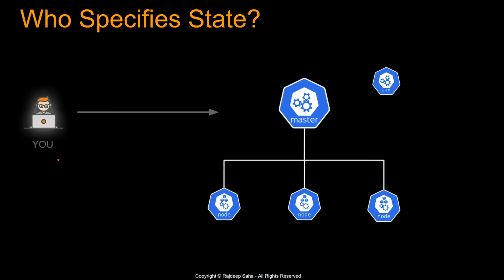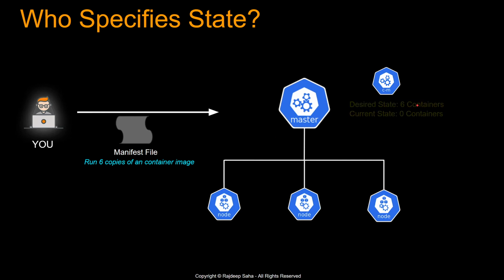Well, you do. You tell the Kubernetes master what state you want using a manifest file. Let's say, for example, in the manifest file, you can say, hey, run 6 copies of my container image. You're going to post that to the Kubernetes master, and the kube-controller-manager is going to observe that, alright, desired state, 6 containers, current state, 0 containers.